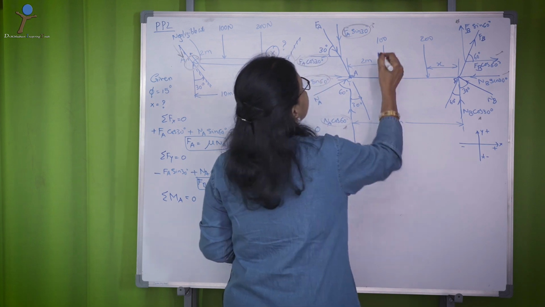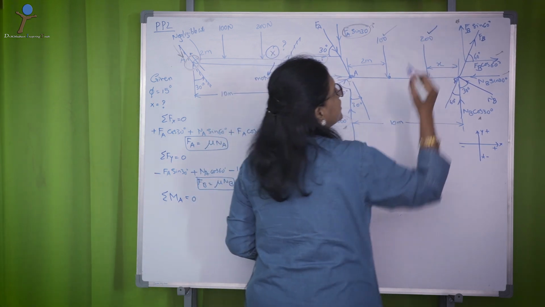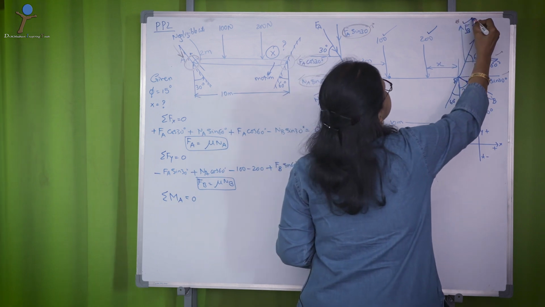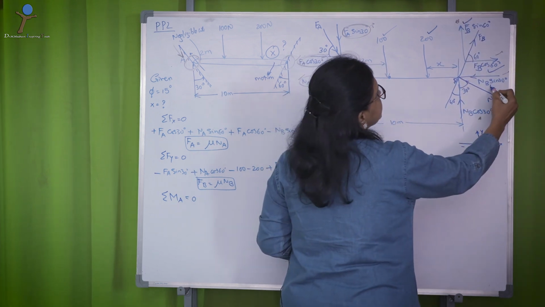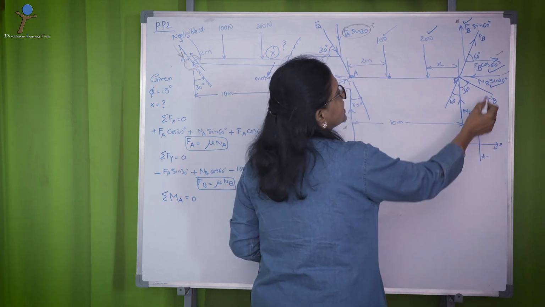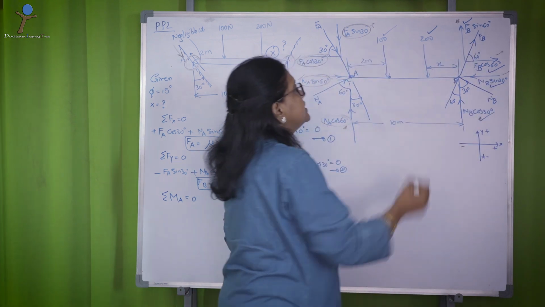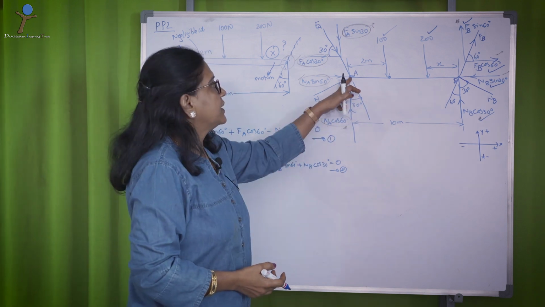But you look at 100, yes, this contributes, 200 contributes, FB sin 60 contributes, FB cos 60 contributes, NB sin 30 contributes, NB cos 30 contributes. So, 1, 2, 3, 4, 5, 6, all 6 forces can contribute to the moment about A.